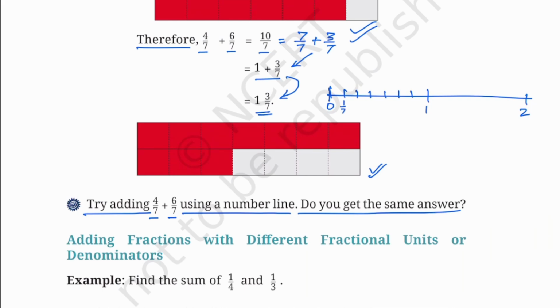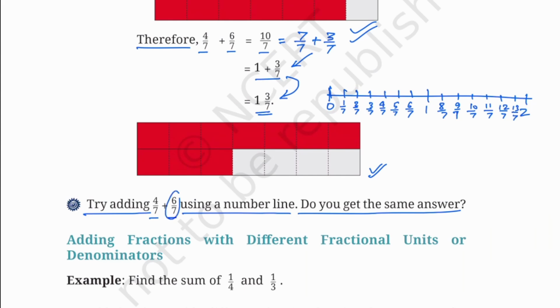This is 1 upon 7, 2 upon 7, 3 upon 7, 4 upon 7, 5 upon 7, 6 upon 7, and 1 can be written as 7 upon 7. Similarly, this one 8 upon 7, 9 upon 7, 10 upon 7, 11 upon 7, 12 upon 7, and 13 upon 7.